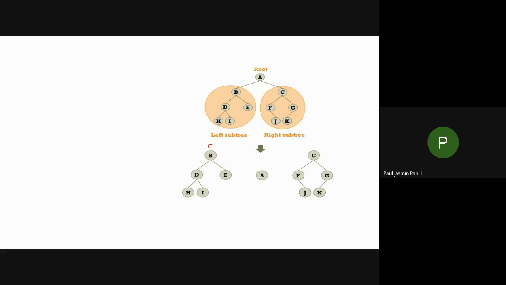Now this is your current node, this is your right subtree, and this full part comes under your left subtree. Now this one is L, this one is C, and this part is R. So E comes under the left part, B comes under the C part, and L comes under this part.